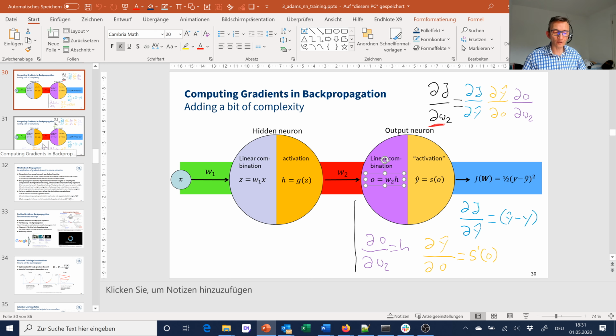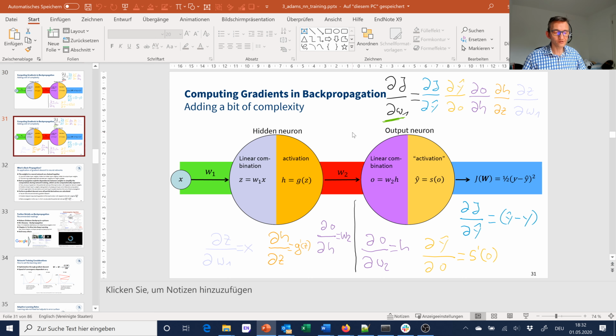If we take it now one step further in this graph and don't look for the derivative with regard to W2, but W1 here, then the first bits remain unchanged. We start again with the derivative of the loss with regard to our forecast, the derivative of our forecast with regard to the raw output score. That's the same bit. Then we have a minor change in the purple term.